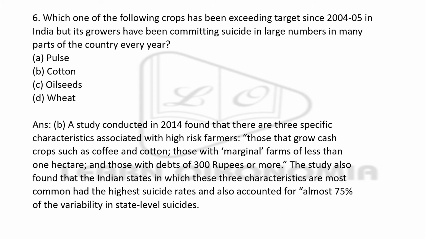So the study found that in different Indian states, these three characteristics are most common, contributing to the highest suicide rates in the country, accounting for more than 75% of the suicides happening in the country. So here the right option is option B, which includes cotton.